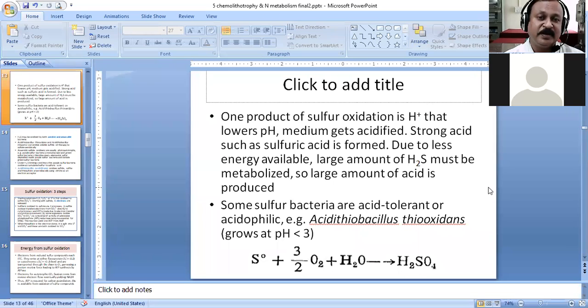Just remember that. But even if you are getting a small amount of biomass, the amount of minerals that these organisms are oxidizing is very large, right? So a large amount of iron compounds or sulfur compounds or H2S must be metabolized by the organisms to generate a small amount of energy and a small amount of biomass, right?